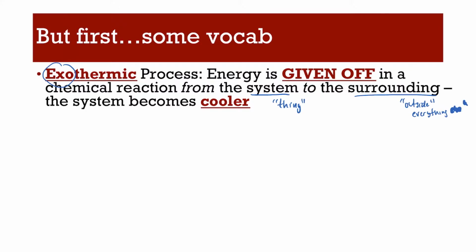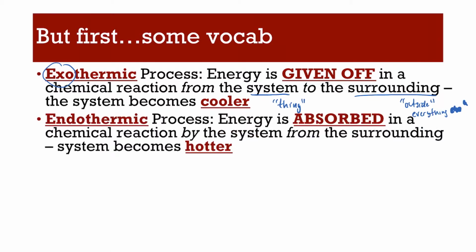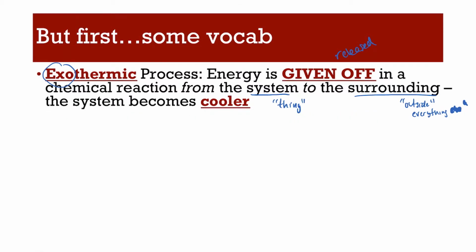And so the system becomes colder. So if you think of an exoskeleton in some insects, it's on the outside. Energy in an exothermic reaction is given off. I like the word released a little bit better. So if you're releasing energy, the system becomes cooler because energy is being given off.